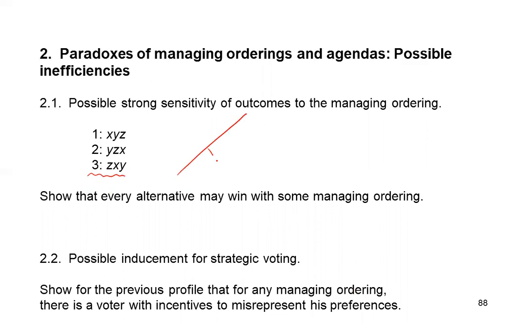As you recall, if we assume the managing ordering X, Y, Z, then X beats Y and Z beats X. If we assume, say, Y, X, Z, this will be the same outcome. So let's use something else.